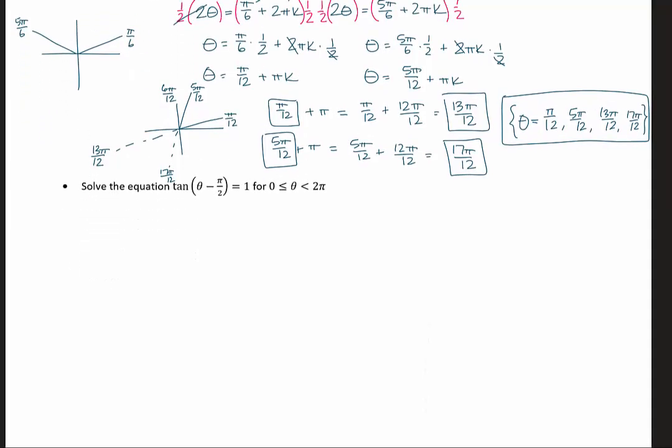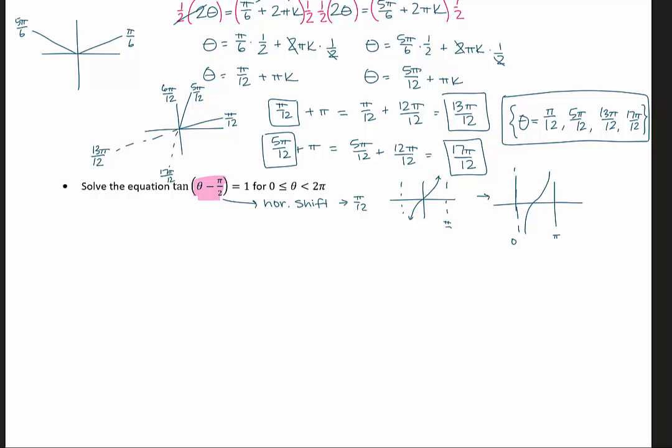Now for this last one, we can look inside, and this is actually not affecting the period, but it's a phase shift. And so this one would be a horizontal shift to the right pi over 2. So if you think about what's happening graphically, where our normal tangent was something like this, now it's being shifted to, so this is our asymptote, to something like this.